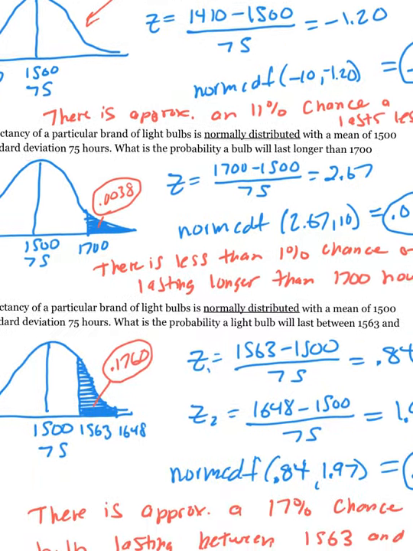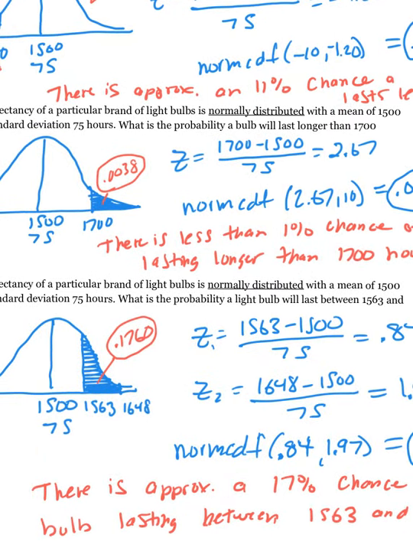Number 2, life expectancy for a particular brand of light bulbs is normally distributed. Again, that lets me draw the bell-shaped curve. With a mean of 1,500 hours and a standard deviation of 75, what's the probability a light bulb will last longer than 1,700? So again, 1,500 goes in the middle. 1,700 is more than 1,500, so I draw that to the right. I shade to the right of that because I want longer. Then I do a z-score. So 1,700 minus 1,500 divided by 75.